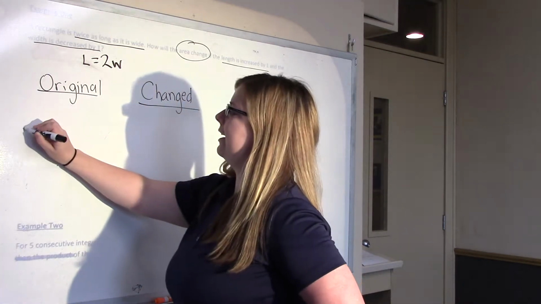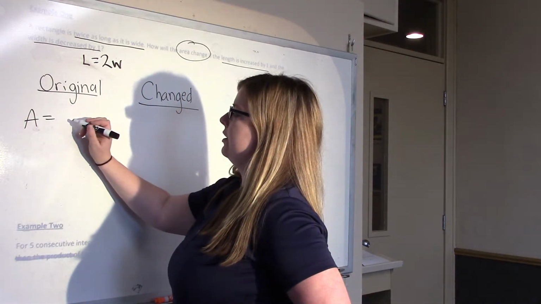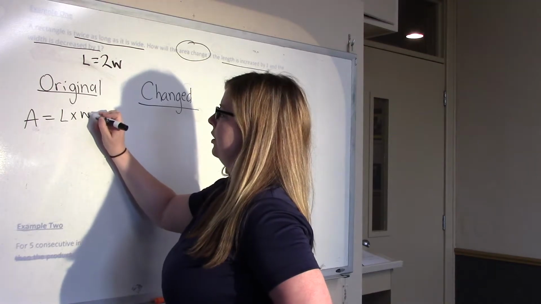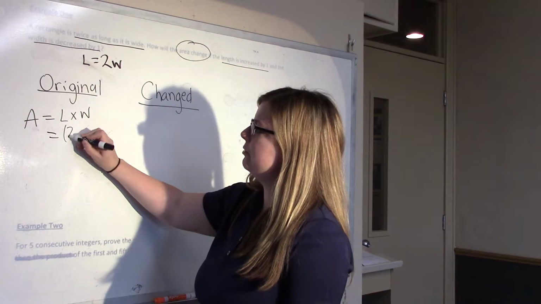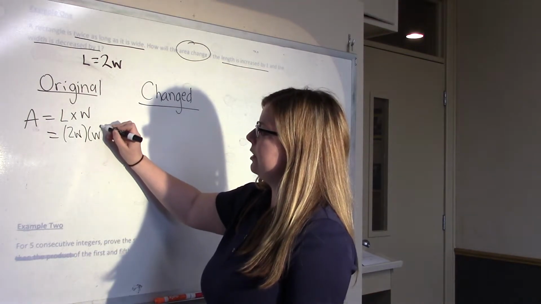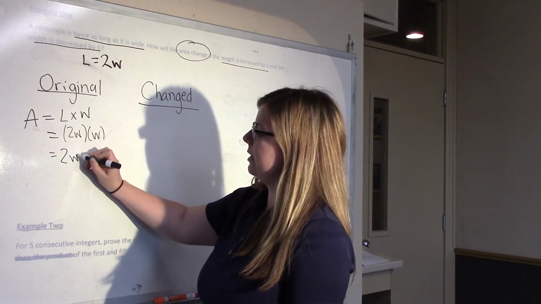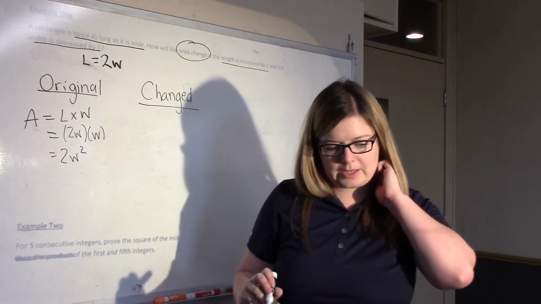So our original area is length times width, right? But we decided that length can be rewritten as 2w, so you get 2w times w, or 2w squared. Okay?